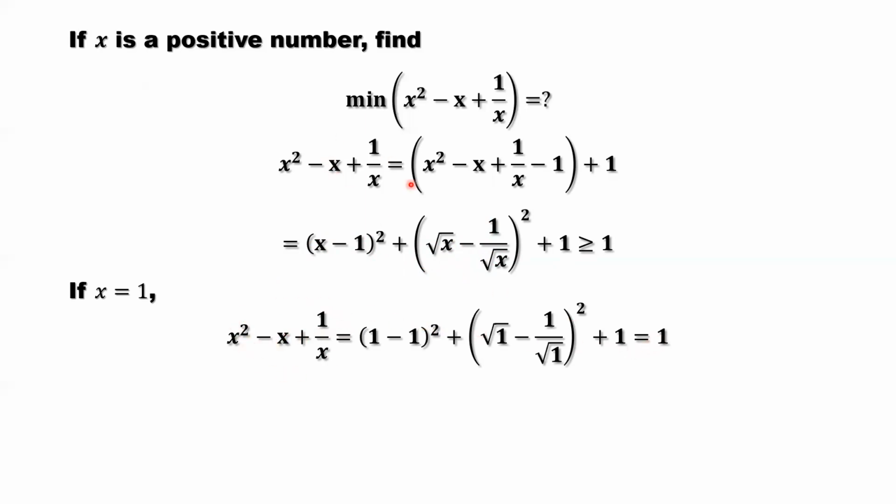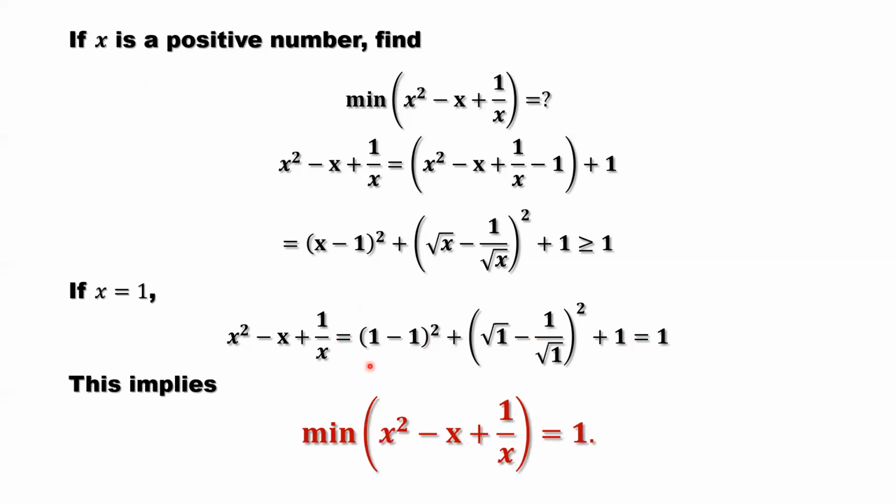Because the minimum value of this is at least 1, now when x equals 1, this is the minimum value, which is 1. So this implies the minimum value of this is 1. In general, it is bigger than or equal to 1, but for the particular x value, x equals 1, it has 1 as its value.